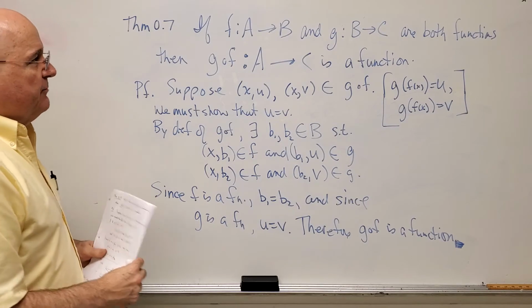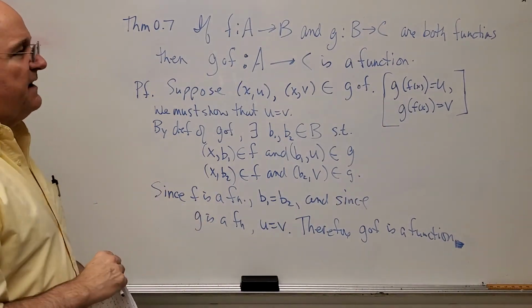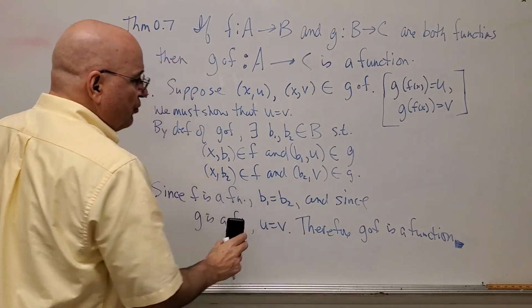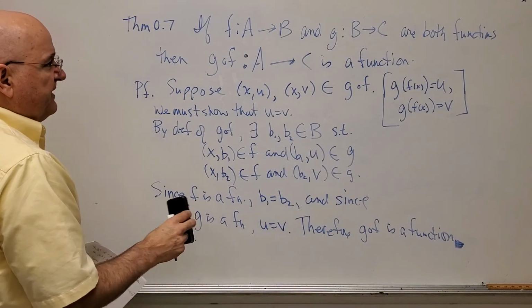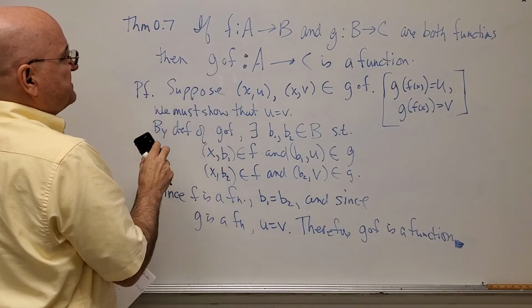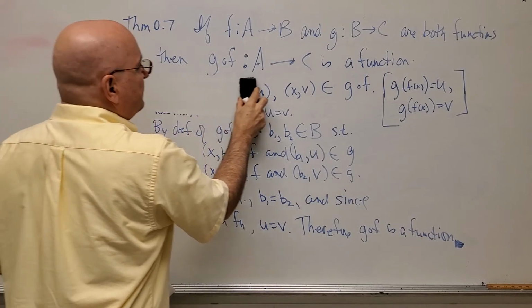Okay, I wish I had more room. I'm going to erase something and then kind of show pictorially why it's fairly obvious that g composed with f is a function. I'll leave the theorem statement up.